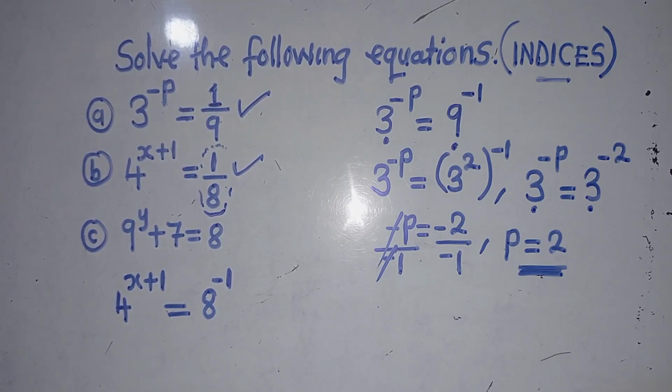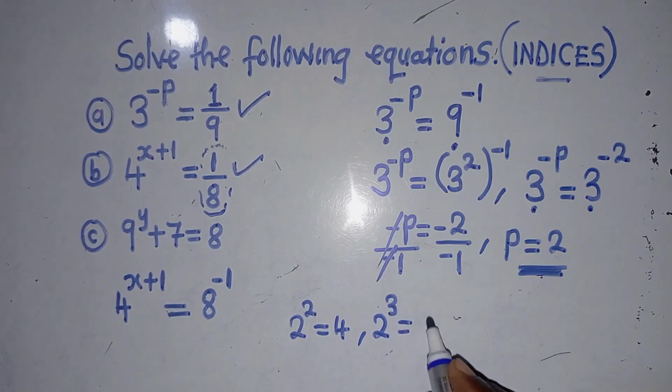From here, we need to make sure that the two expressions are in the same base. You cannot write 8 in base 4, so which base can these two fit in? It is base 2. You know that 2 to the power 2 is 4, and 2 to the power 3 is 8.